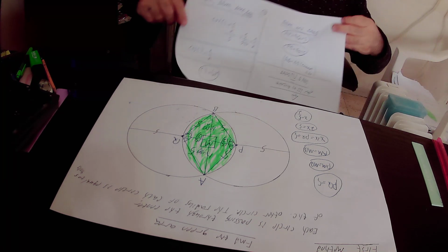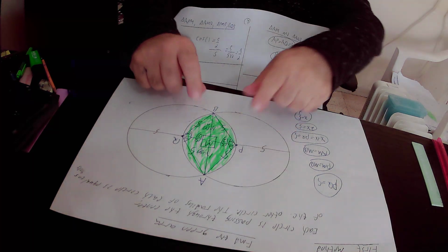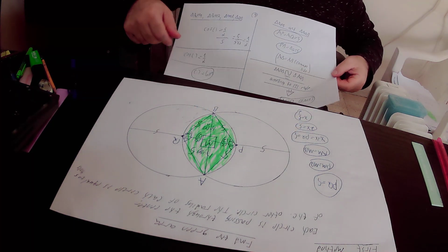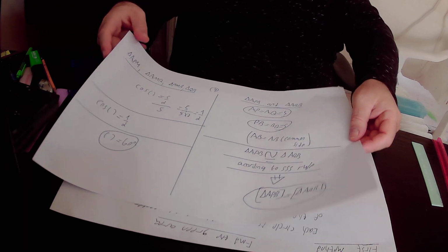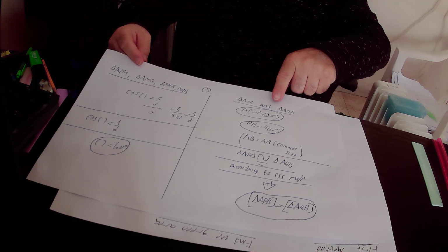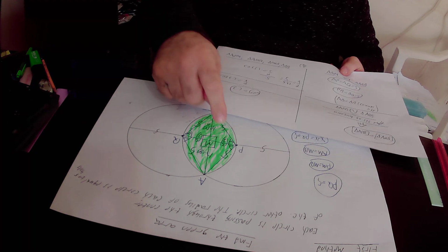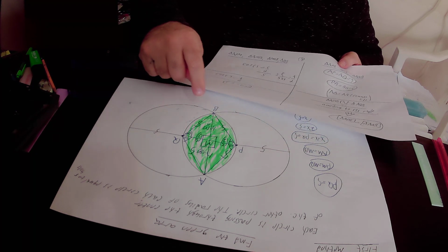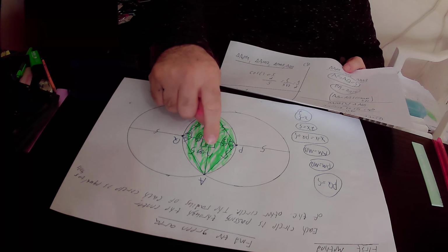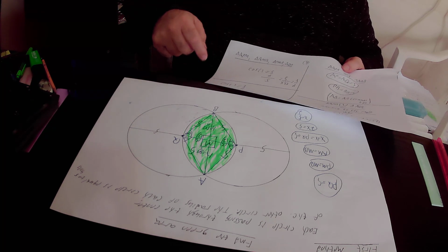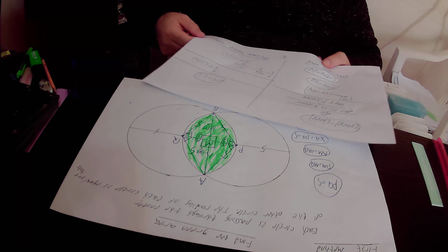Then we proved that those 2 triangles can go into each other. Triangle APB can go into triangle AQB. Why? Because AP equals AQ equals 5 units, PB equals BQ equals 5 units, and AB equals itself. It is a common side that belongs to both triangles.